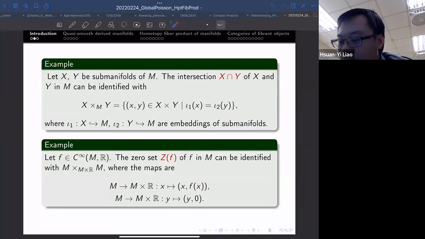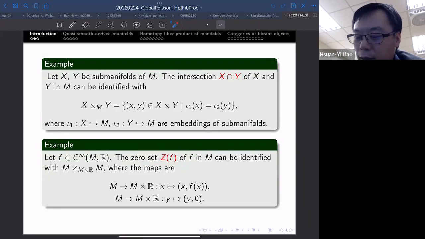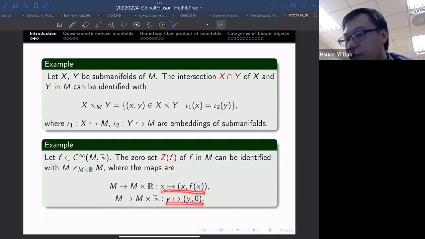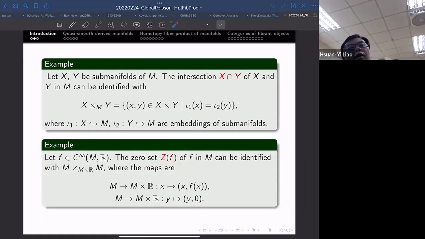Another example is the zero set of functions. The zero set of a function can be considered as the intersection of the graph of the function and the zeros. So it also can be considered as a fiber product, like this kind of fiber product, and the two maps are this map and the zeros.